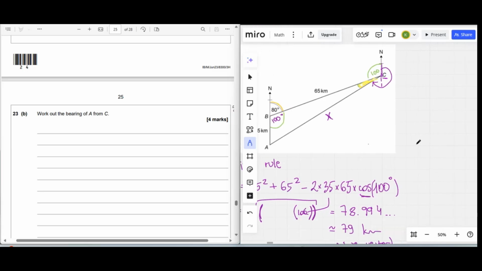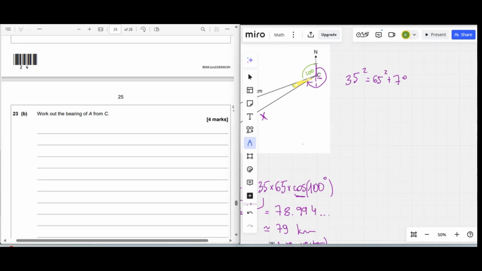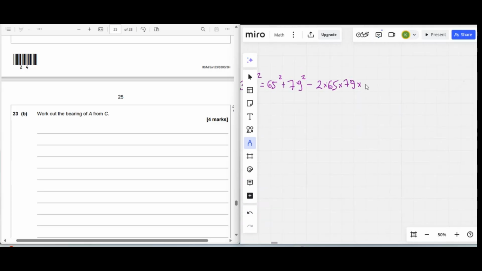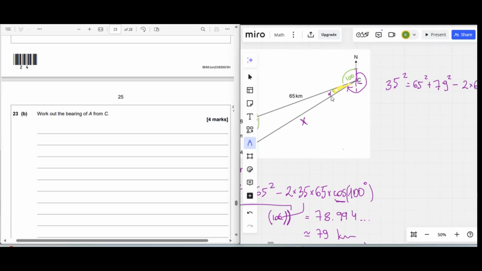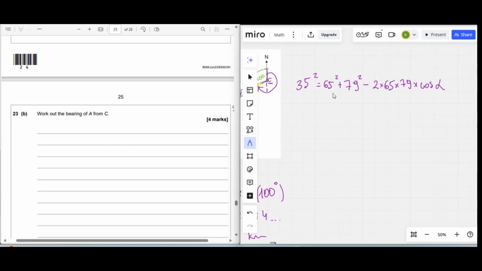But in this case, the opposite side, 35 squared, is 65 squared plus that 79 that we just found squared minus 2 times the first one times the second one times cosine of our missing angle alpha. I don't think we can work that in another way. Okay, so let's try that.